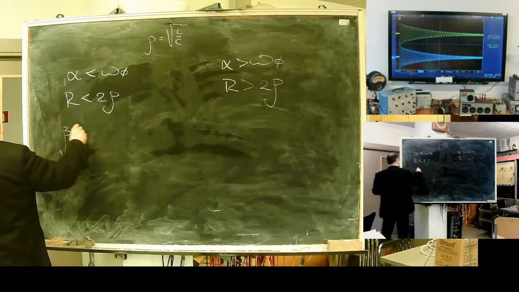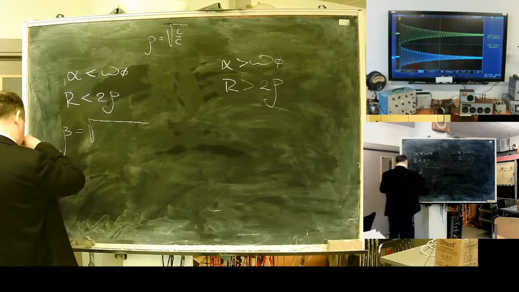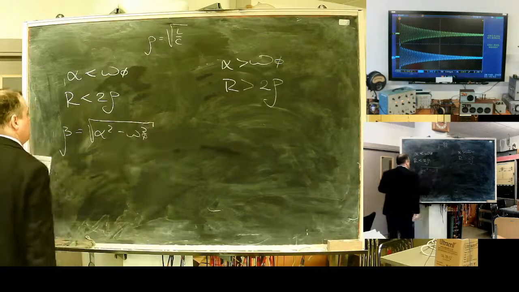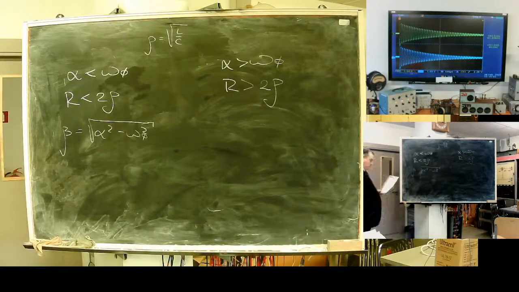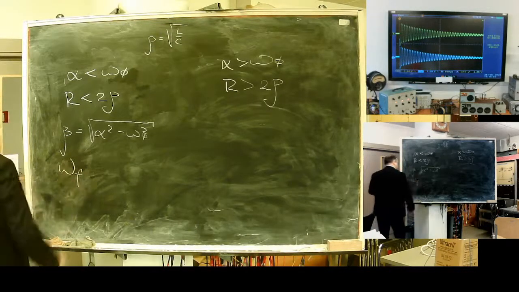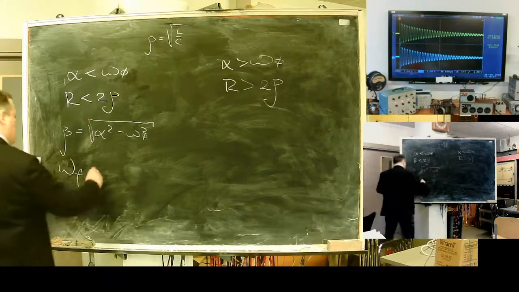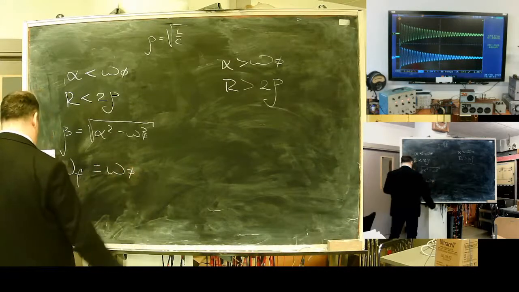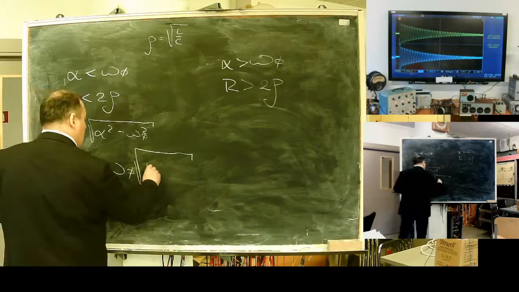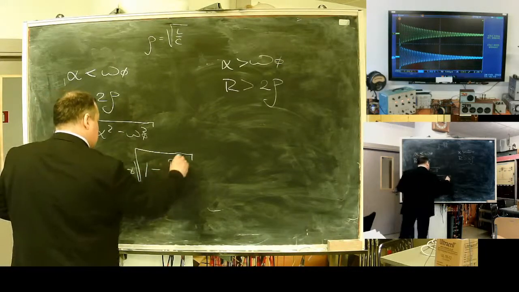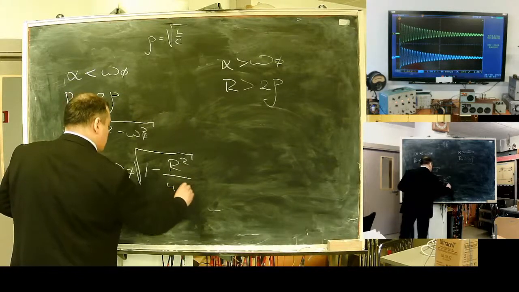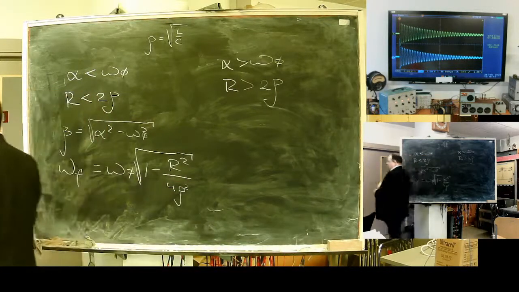So beta, which is the square root of alpha squared minus omega 0 squared, will be imaginary, and we will have free oscillation frequency omega f being omega 0 times the square root of 1 minus the squared resistance divided by quadruple characteristic wave resistance.